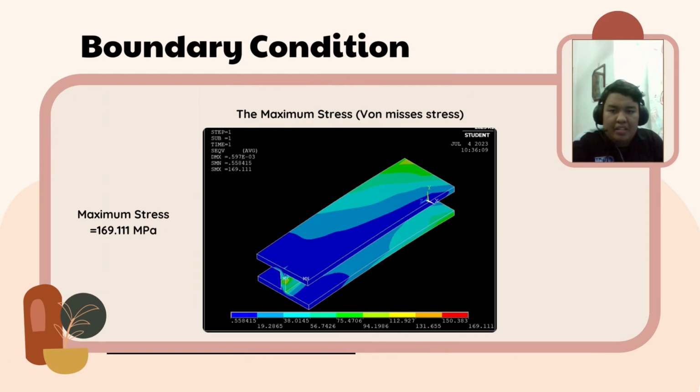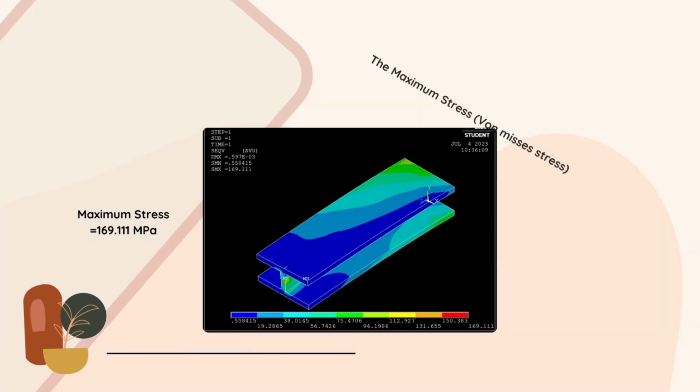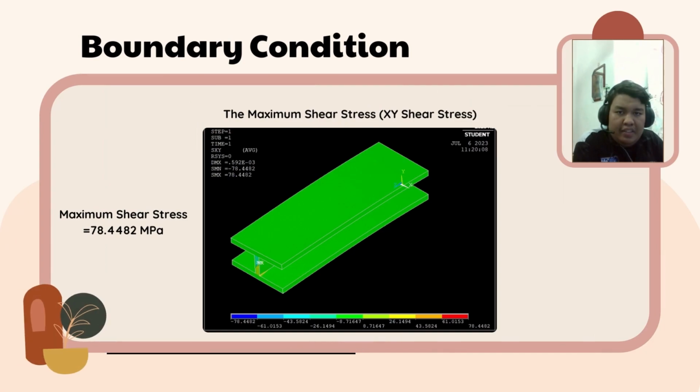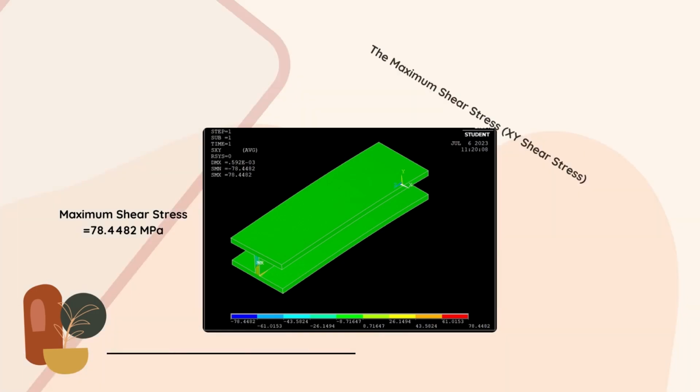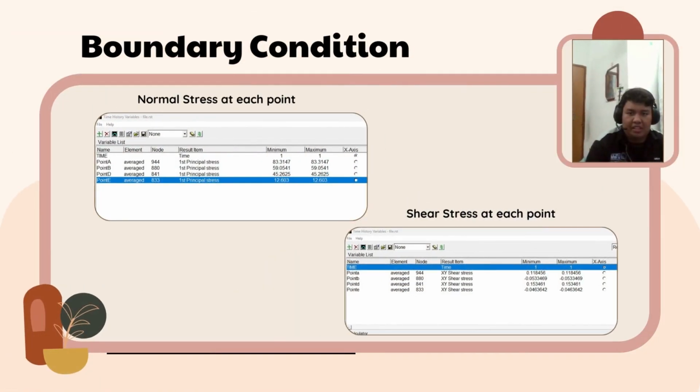The maximum stress of the beam is 169.111 megapascal. The third observation is the maximum shear stress, which is SXY shear stress. The maximum shear stress of the beam is 78.4482 megapascal.